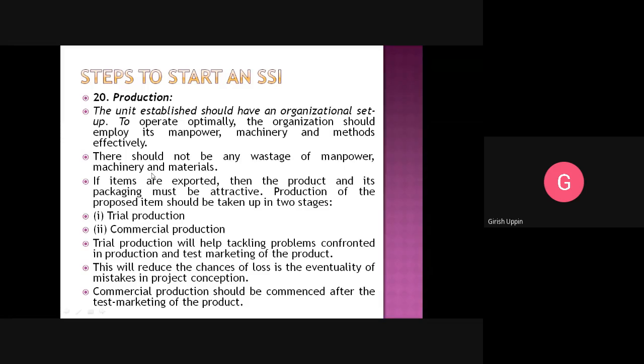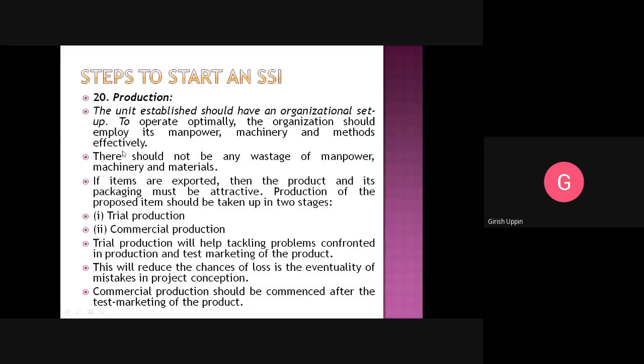For example, let us say this machinery is good enough to run continuously for 24 hours. Then, in order to increase the production, they will have shifts. The manpower will work for 8 to 10 hours, so there will be three shifts working continuously.